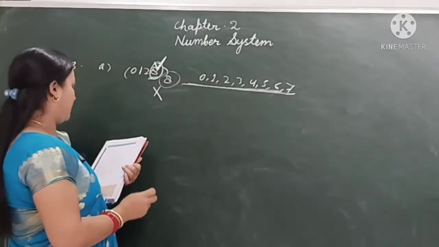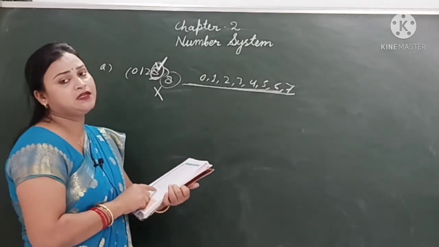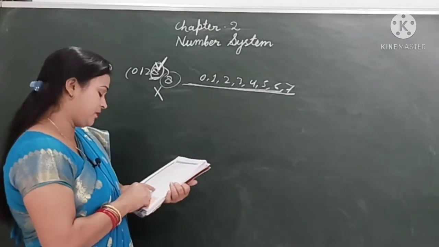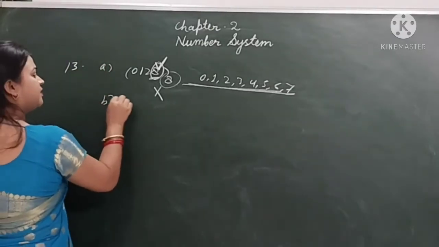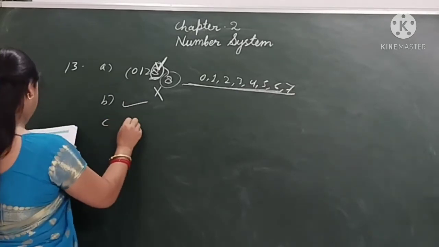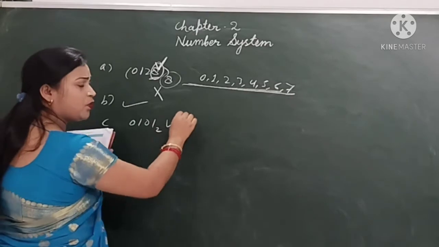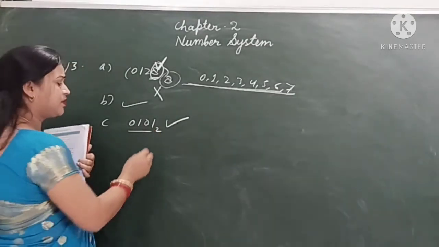Okay. Now, second, B, it's correct: 0, 1, 0 base 10. You can say 101. So it is correct. And C, where 0, 1, 0 base 2, this is also correct. Why? Because the binary number system uses 2 digits, zeros and ones.